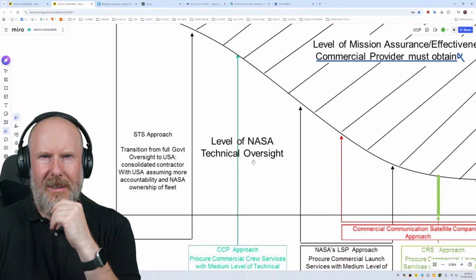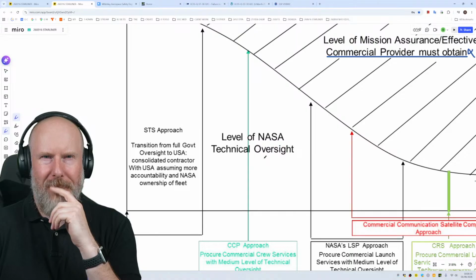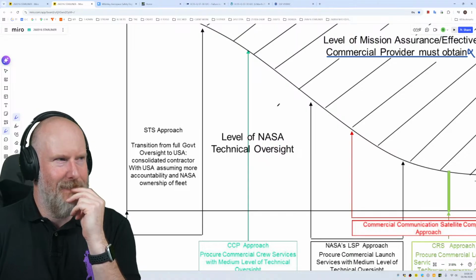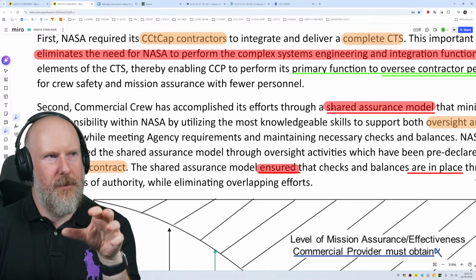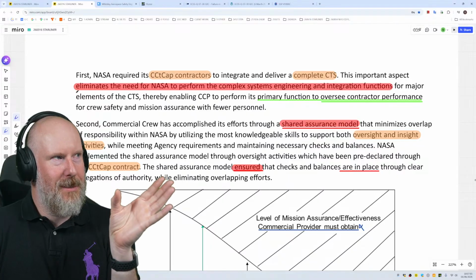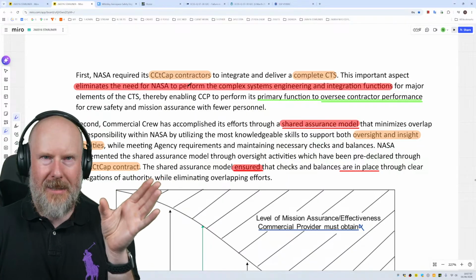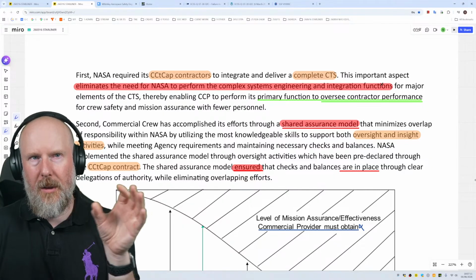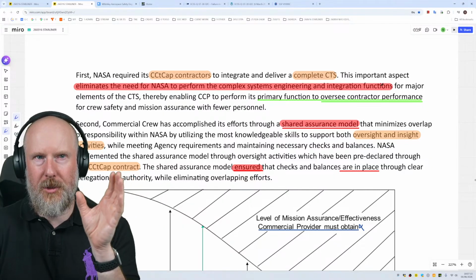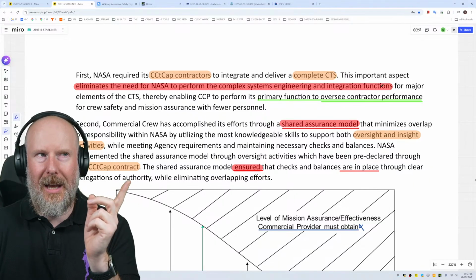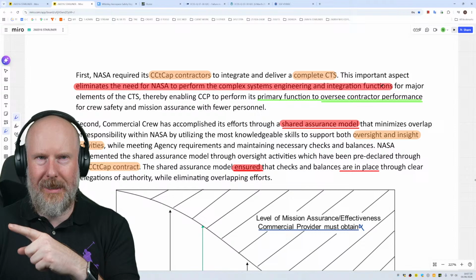But it just doesn't feel right, this thing. Because fundamentally, if you're eliminating the need for NASA to perform the complex systems engineering and integration functions, fine, but somebody still has to do that somewhere. That responsibility and the necessary resources have to be allocated to somebody else.